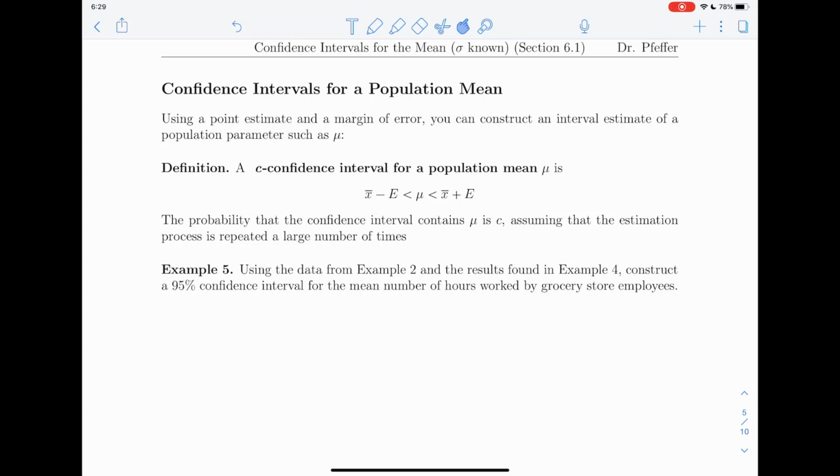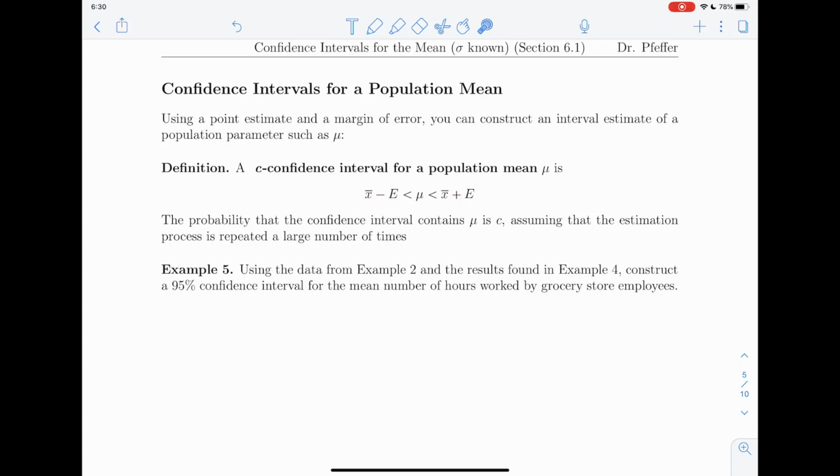So the last step of this entire process is actually building out the confidence intervals. Building out the confidence intervals simply amounts to starting with the sample mean, x bar.